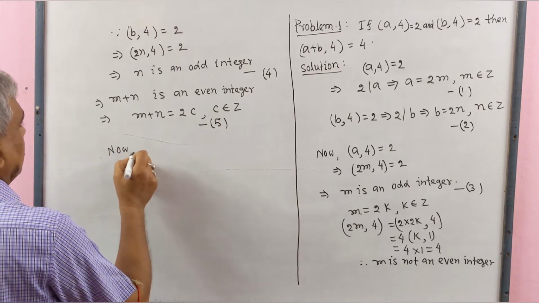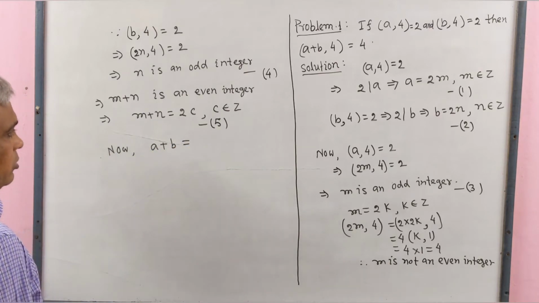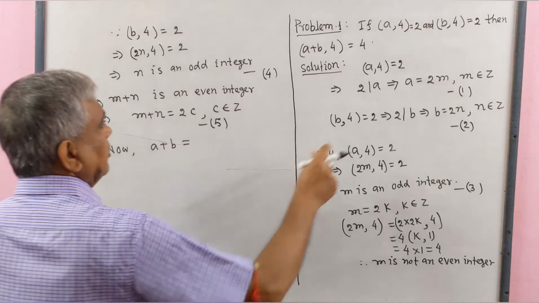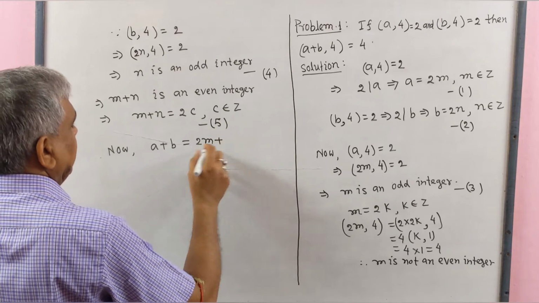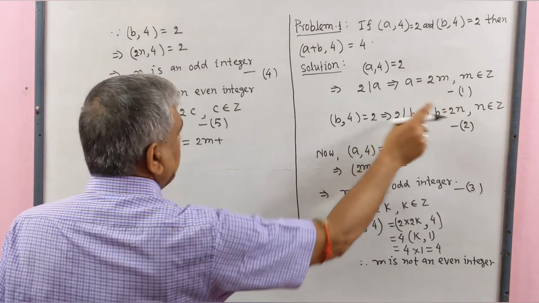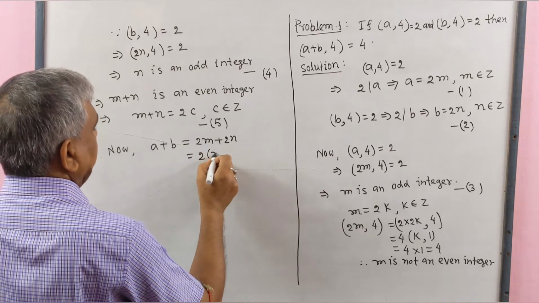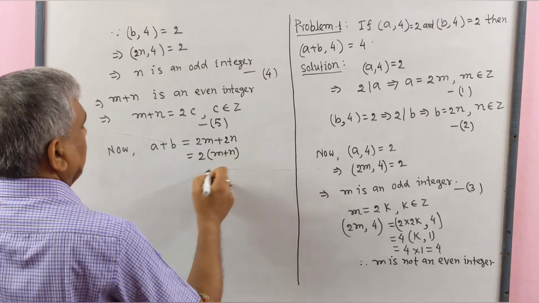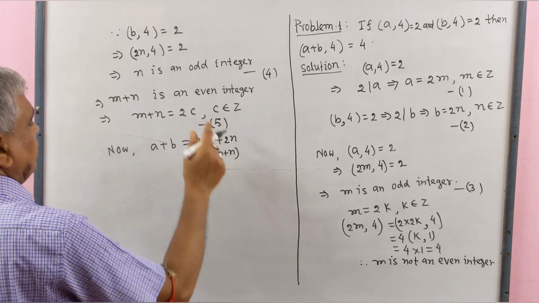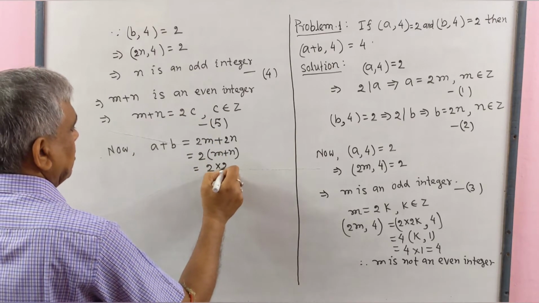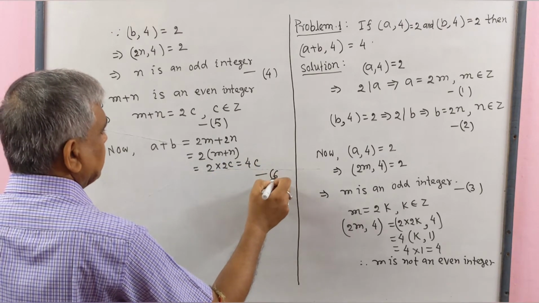Now, a plus b equal to a is 2m and b is 2n equal to 2 times m plus n, using 5, m plus n equal to 2c, equal to 4c. This is number 6.